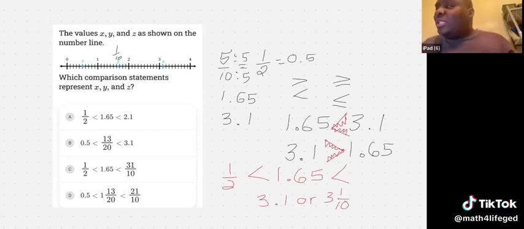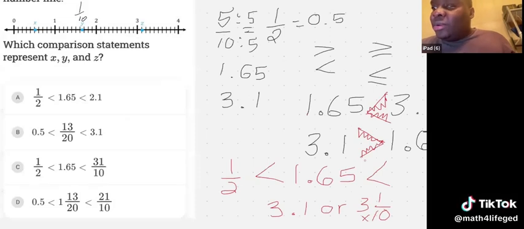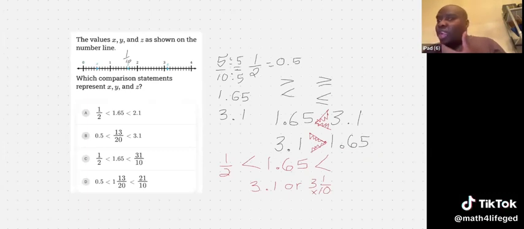31 over 10? Well, we multiply the denominator 10 by the 3, which is 30. And then we add the answer to the numerator. So 10 times 3 is 30, 30 plus 1 is 31.